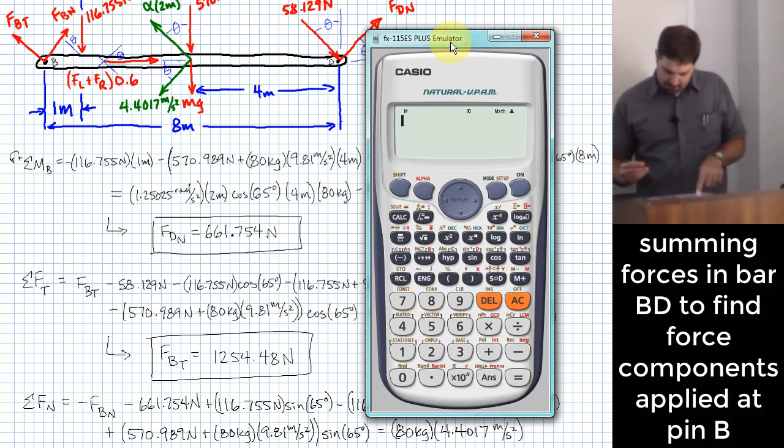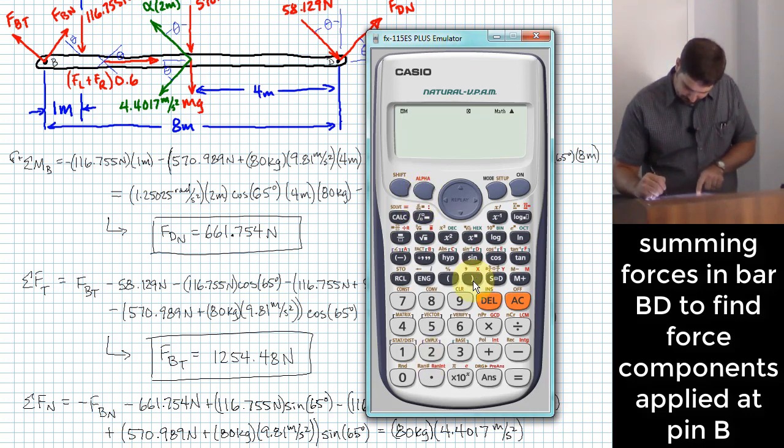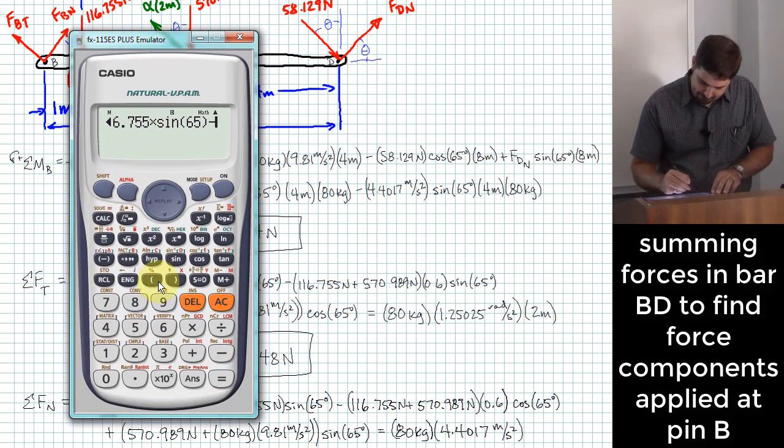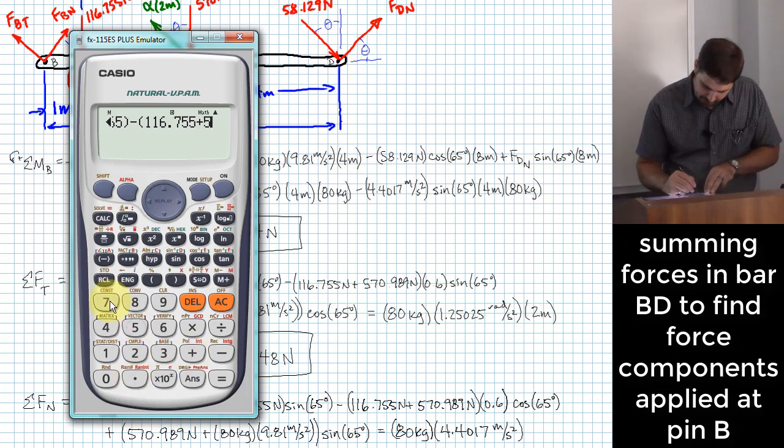All right, so I have negative x minus 661.754 plus 116.755 times the sine of 65 degrees minus 116.755 plus 570.989.